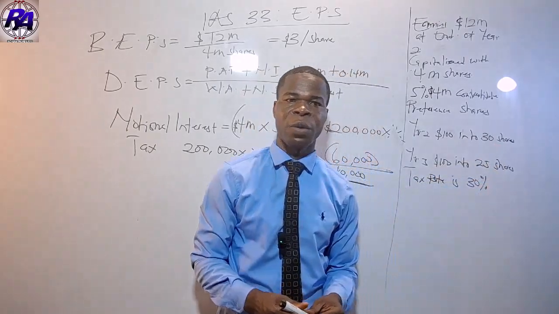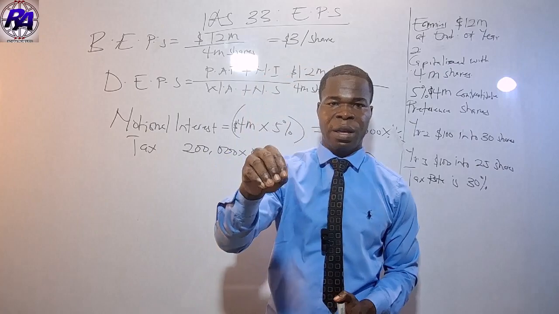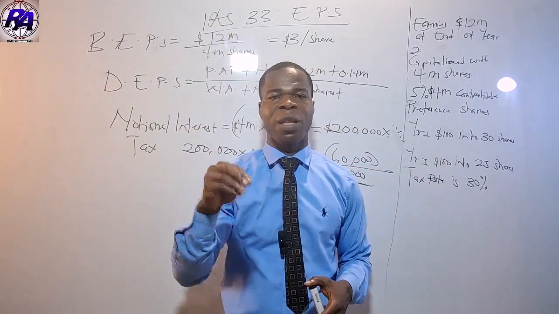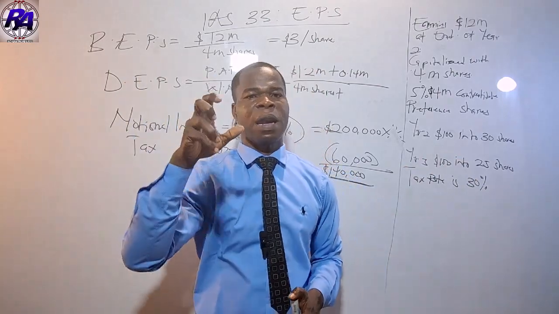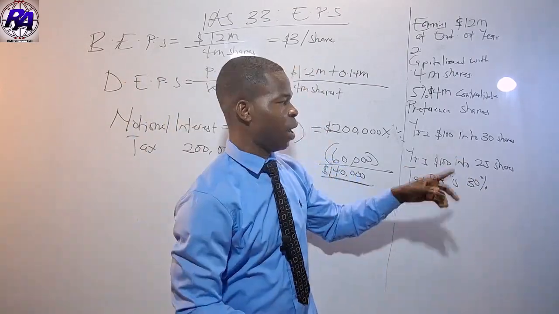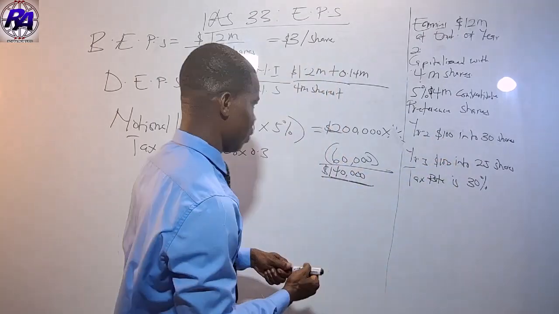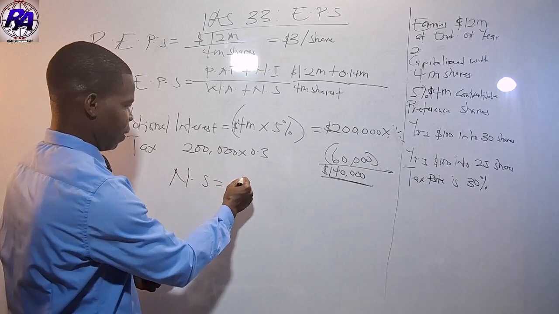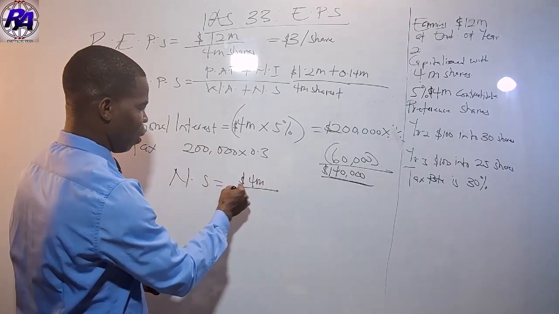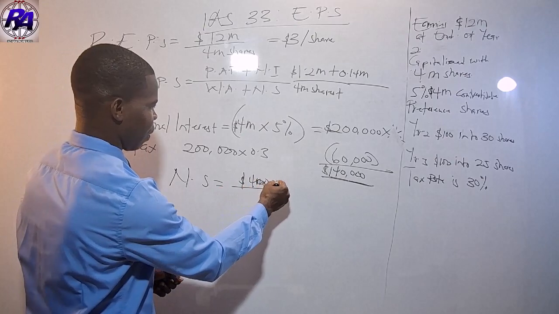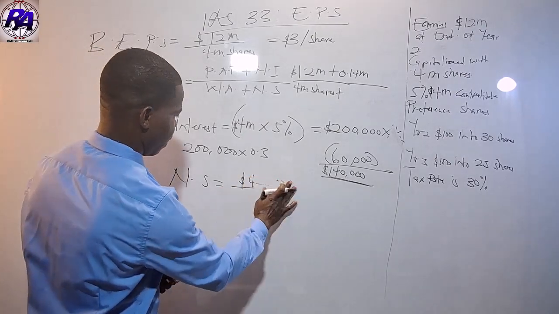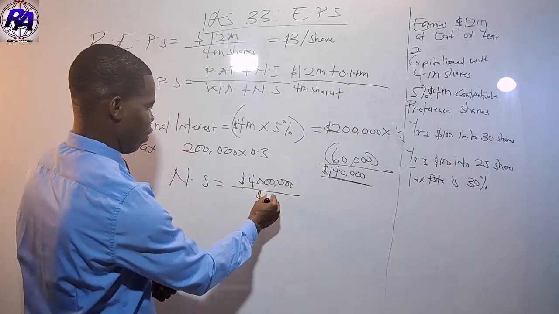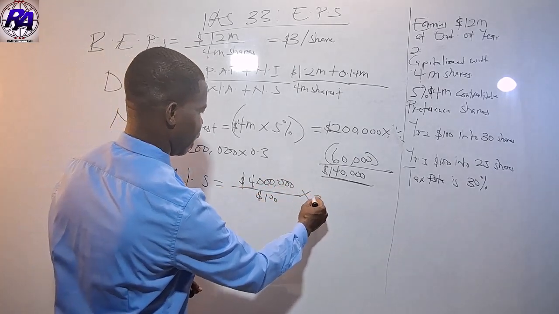Like I stated earlier on, we always go for the option that will give the holder the maximum number of shares. So in this case, we are going for option one. So our notional shares is going to be the 4 million, all divided by 100 multiplied by 30.